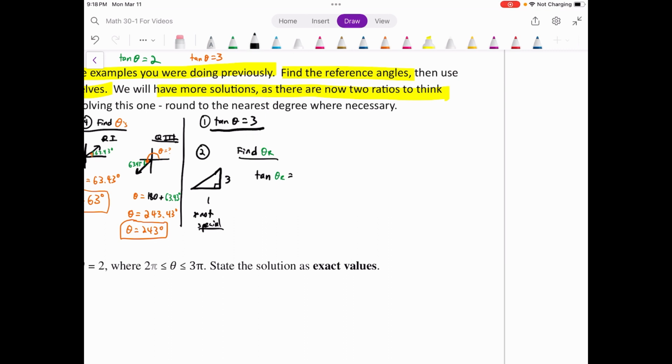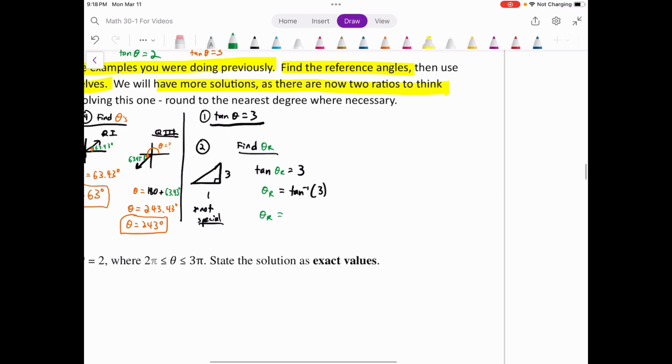We would just use the 3 and then use CAST to think about what that negative actually tells us about the angle within the 4 quadrants. So tan of our reference angle has to come out to equal 3, meaning our reference angle itself, inverse tan of both sides, gives us inverse tan of 3, and therefore our reference angle is, I got 71.57 degrees.